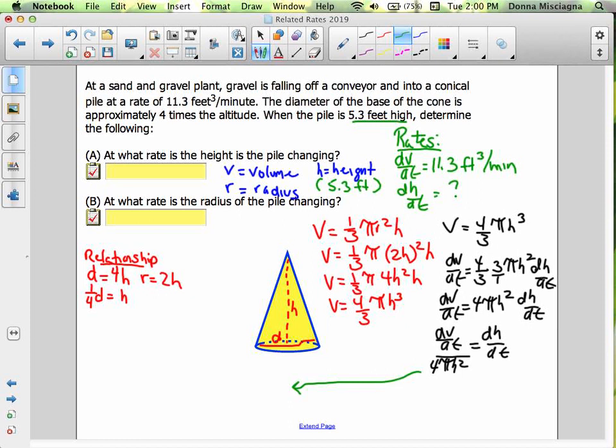So we have dV/dt, that was 11.3, divided by 4 pi and then 5.3 squared, is dH/dt. I'm going to put the dH/dt first. I'm just going to grab a calculator real quick, and then we're going to leave this in terms of pi.